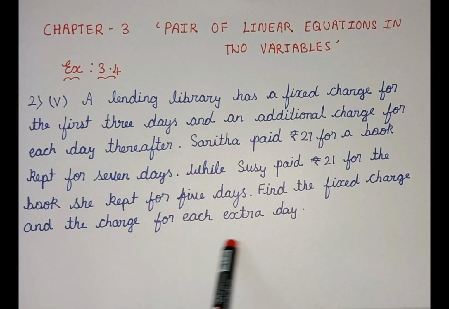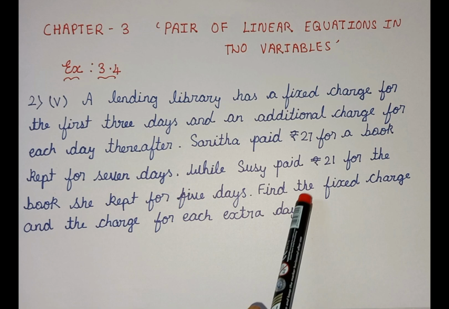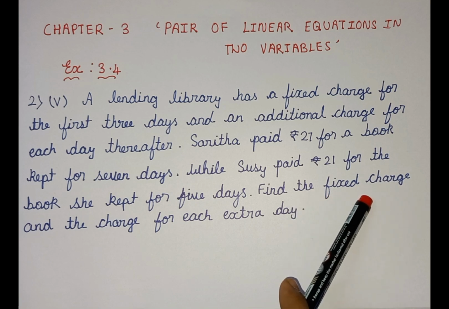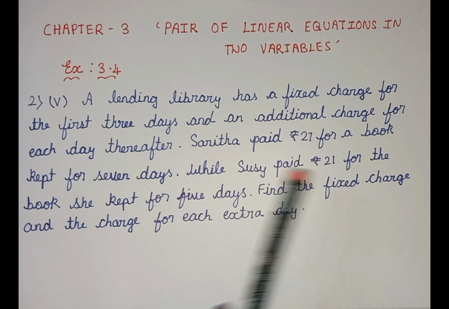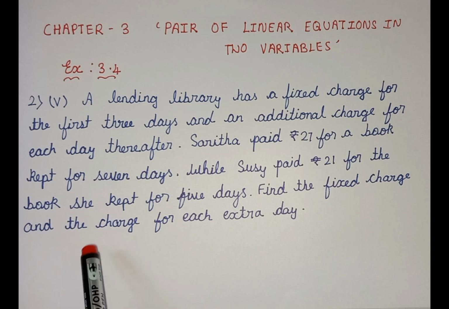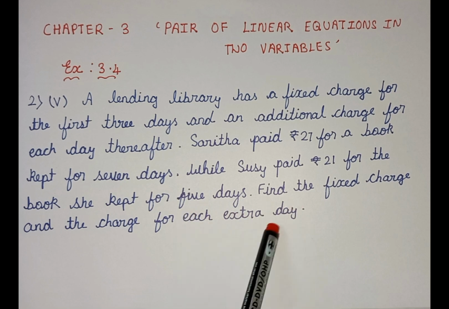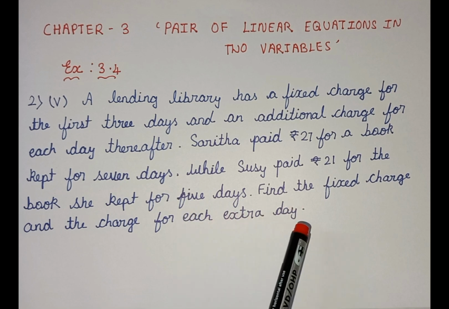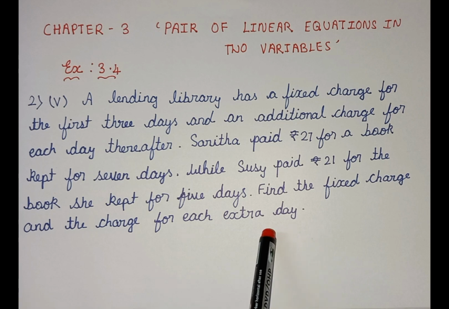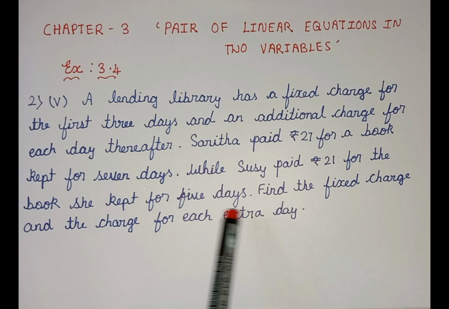Now since they are talking about the fixed charge and the charge for each extra day that we are supposed to find, let us take the fixed charge for the first 3 days as X, and let the charge per day be Y. Here they mentioned each extra day. What is the meaning of each extra day? Per day. Okay, now let us write.